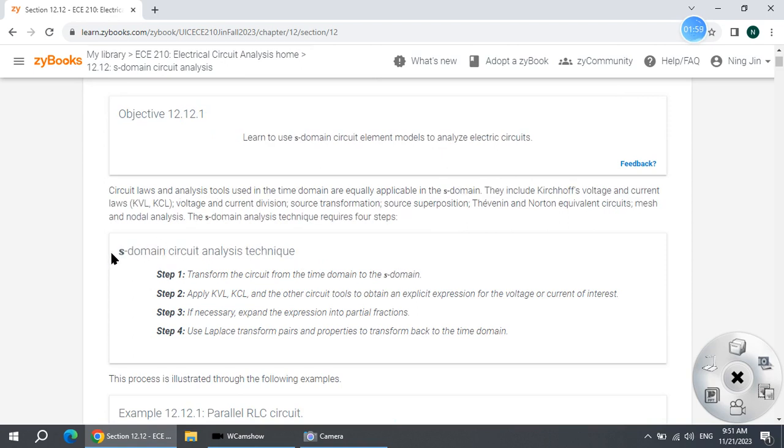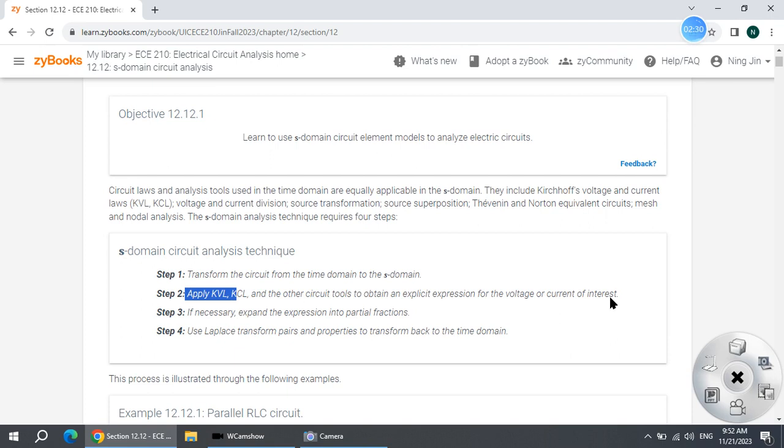The S-domain circuit analysis technique has these 4 steps. First, transfer the circuit from the time domain to the S domain, as we did last time. Then apply KVL or KCL and other circuit tools to obtain the explicit expression for the voltage or current of interest.